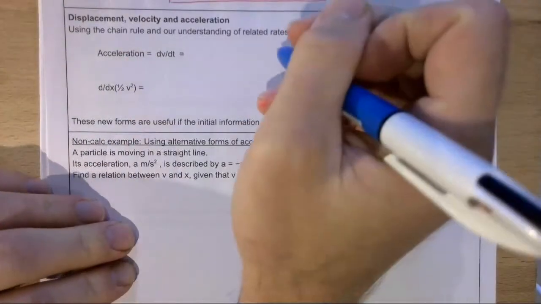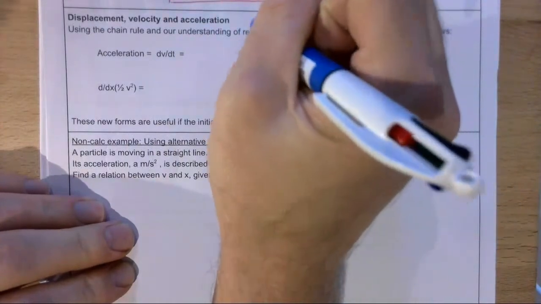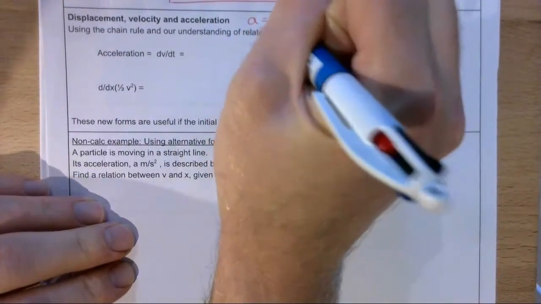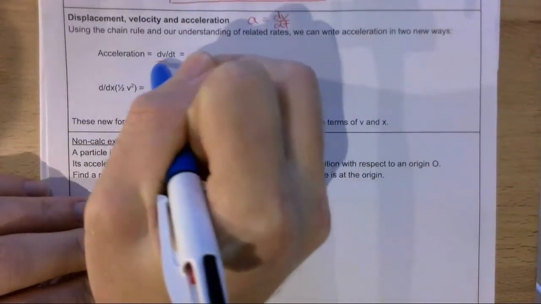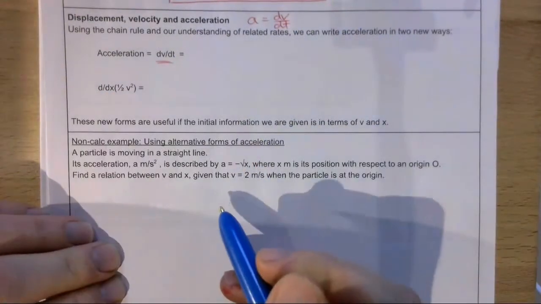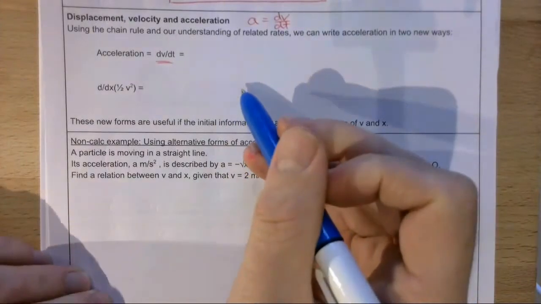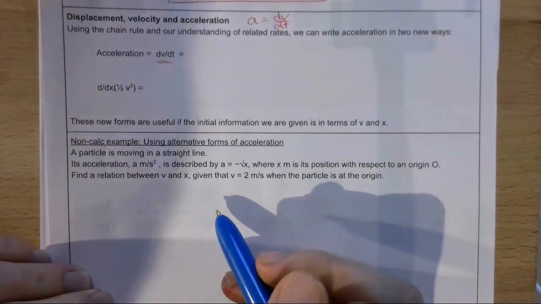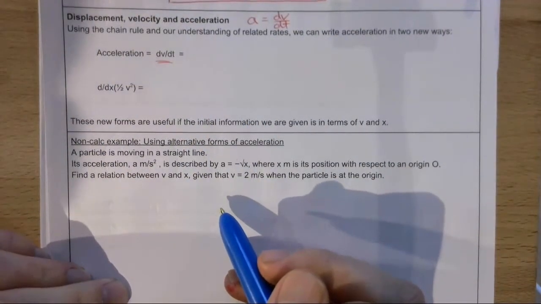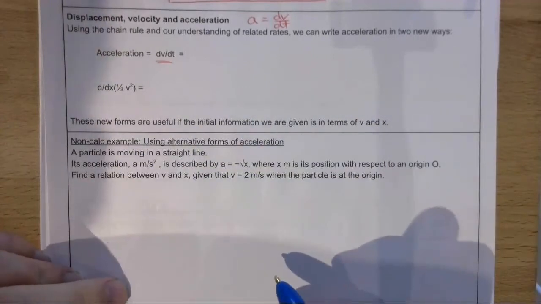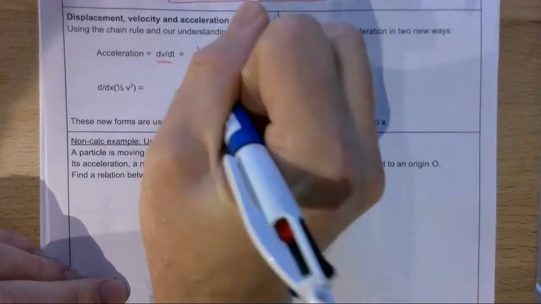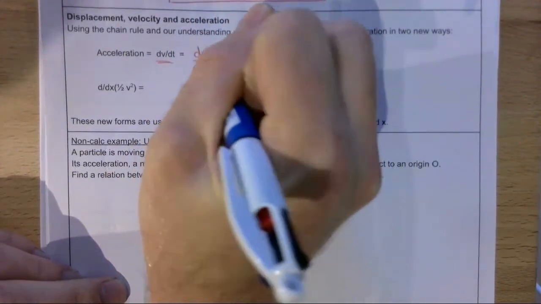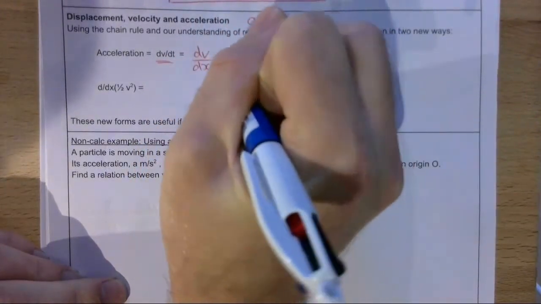Because we're used to a form for acceleration, right? Which acceleration is the rate of change of velocity, dv by dt, this here. But this idea of related rates allows us to come up with new forms of writing the acceleration, which can actually help us solve questions. So, for example, dv by dt, we know using the chain rule, is the same thing as dv by dx times by dx by dt.